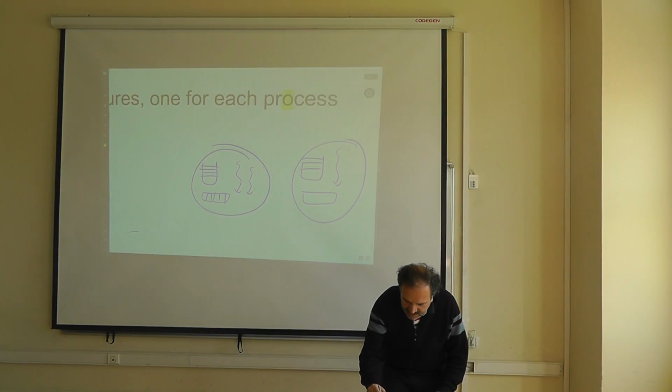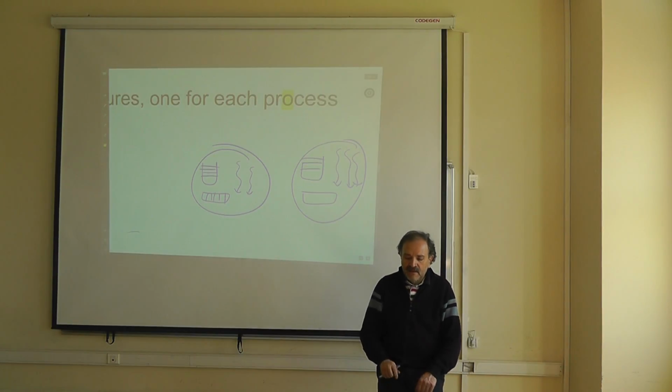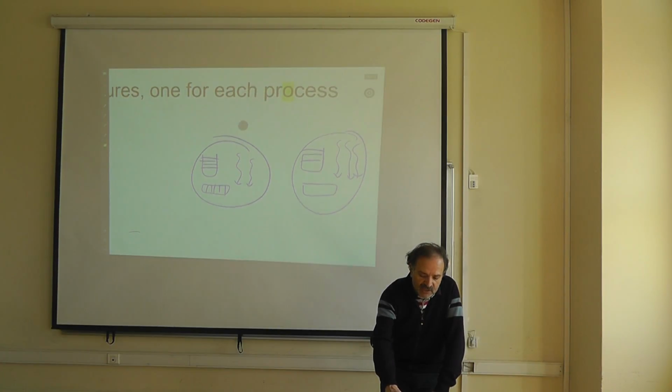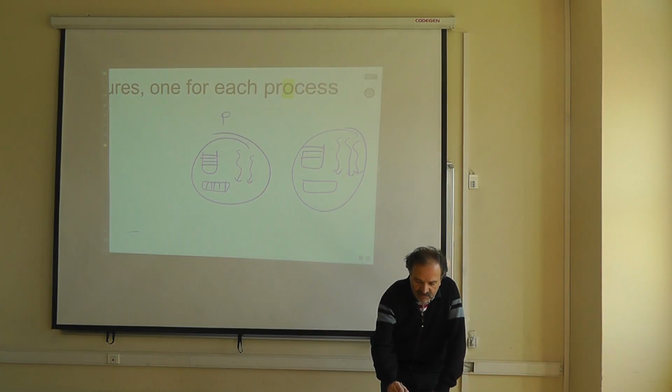Let's say this one has 3 threads going on. When this one says that I am accessing the memory location 0, it is different from the memory location 0 of this process. Process 1 and process 2.